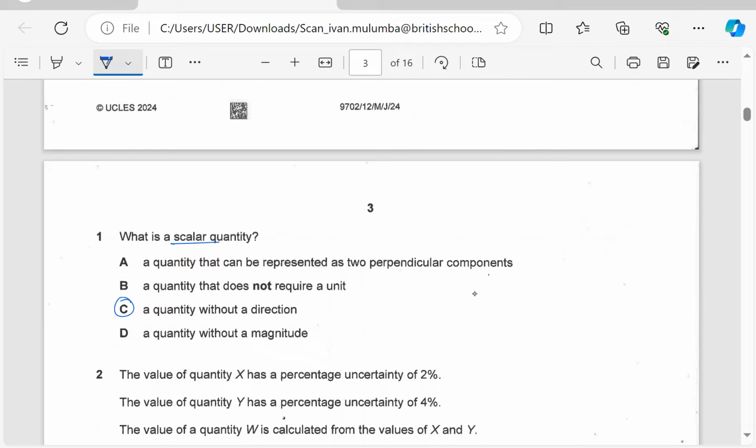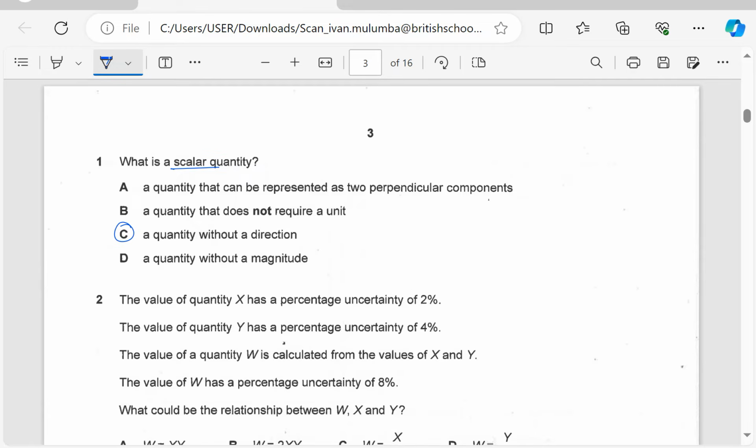Then if you say a quantity that can be represented as two perpendicular components, that is basically resolving a scalar quantity into vectors, and we can do that. So the answer is automatically C. It's a vector which can be resolved into two perpendicular components, but even a scalar quantity can.